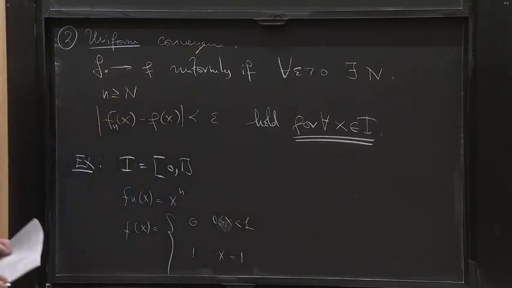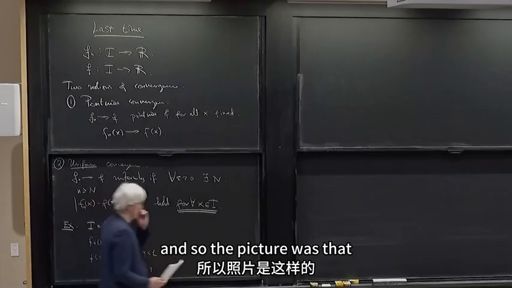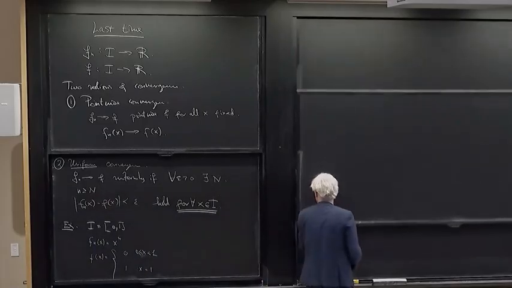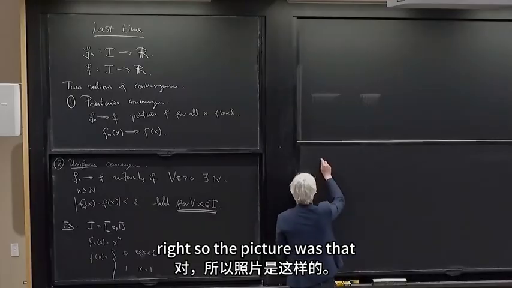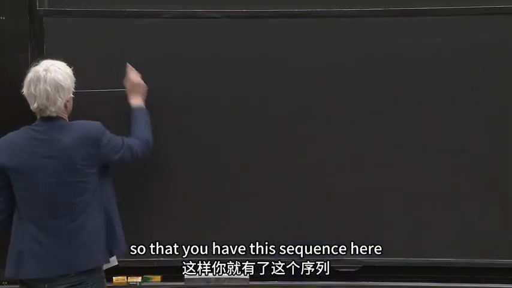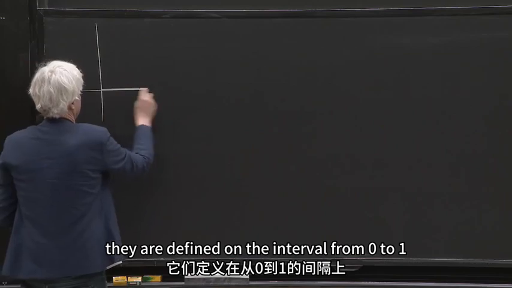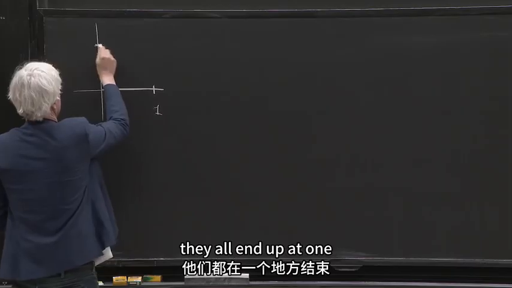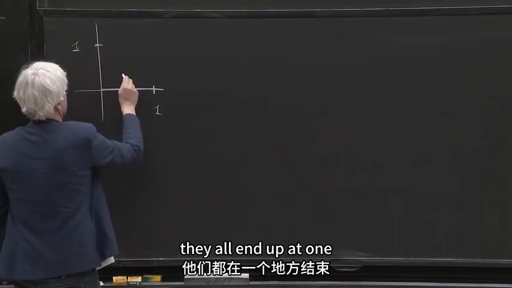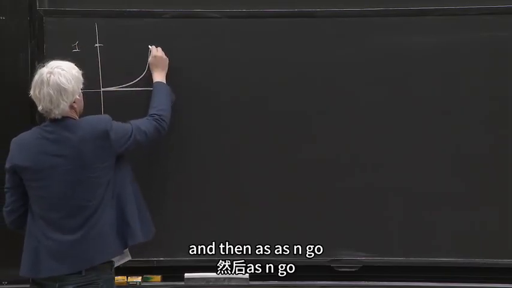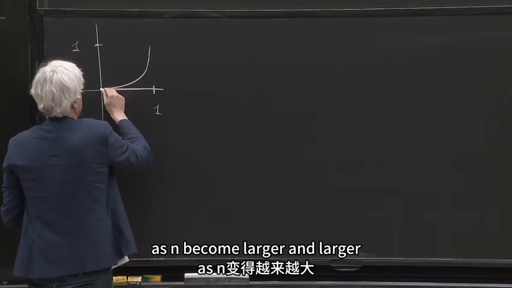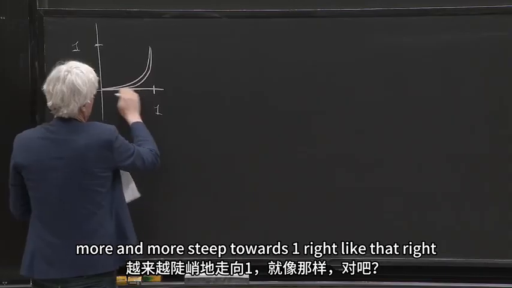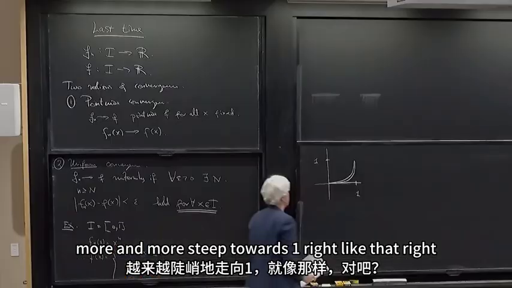And so the picture was that you have this sequence here. They are defined on the interval from 0 to 1. They all end up at 1.